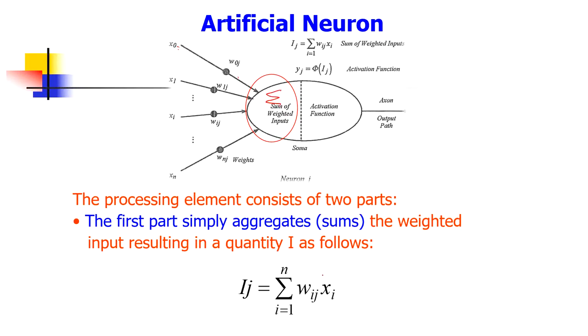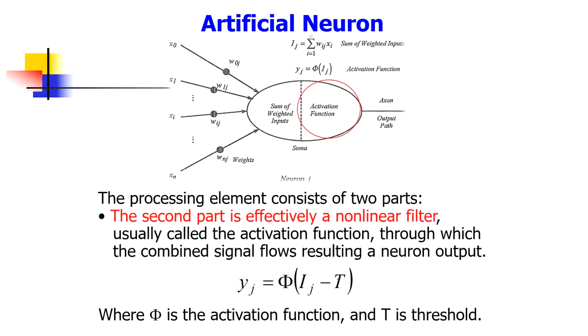So the aim is simple: whatever input multiplied with the weight, it will just sum up everything here. In general this is the equation, quite straightforward and very simple: the summation of the multiplication of input and weight will be on the left side of the artificial neuron.